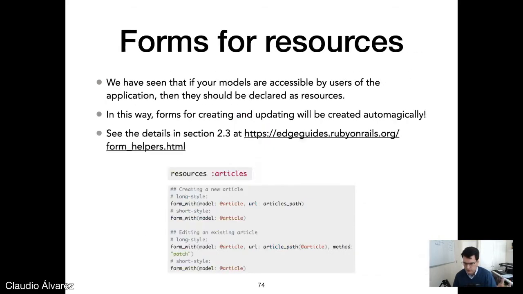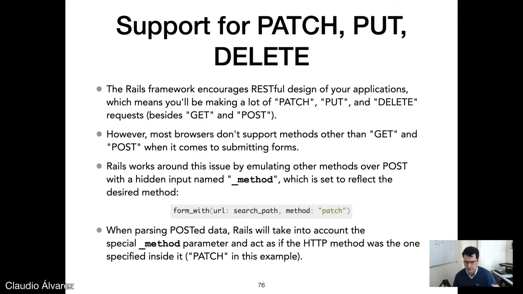Unfortunately, we don't have an example, but anyway, if you've got a form to update an object, the form will automatically have a hidden input named method, which will be set to reflect the desired method. For instance, if you want to patch, the method input field, which is hidden, will take whatever method you want to finally be executed by the controller. Okay, so it is simulated by using a hidden variable telling whether you want to use patch, put, or delete.